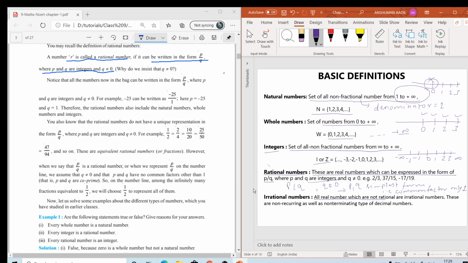P and q must be in the simplest form. All other numbers, all real numbers which are not rational numbers, will be called irrational numbers.